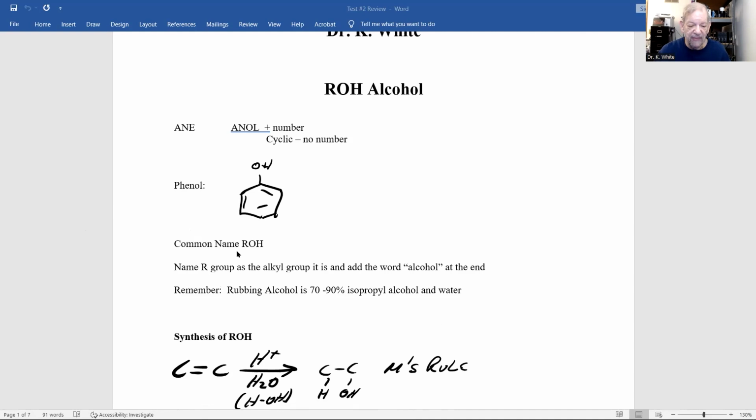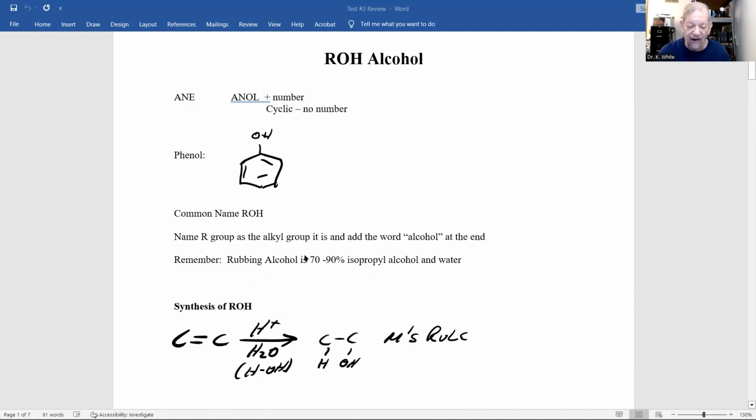Let's look at common names. And common names for alcohols, name the R group that the OH group is attached to as an alkyl group it is, and add the word alcohol at the end. And don't forget, rubbing alcohol contains, depending on which type you buy, anywhere from 70 to 90% isopropyl alcohol.